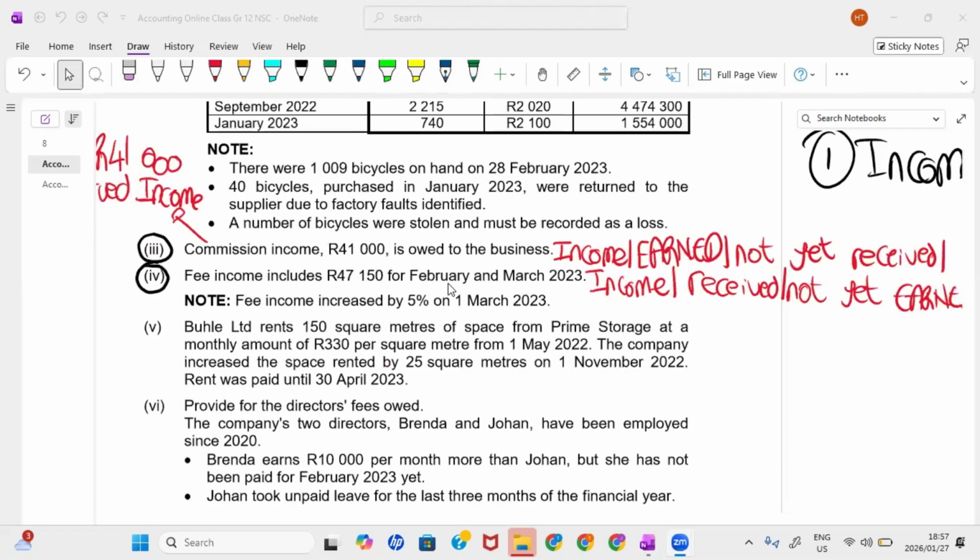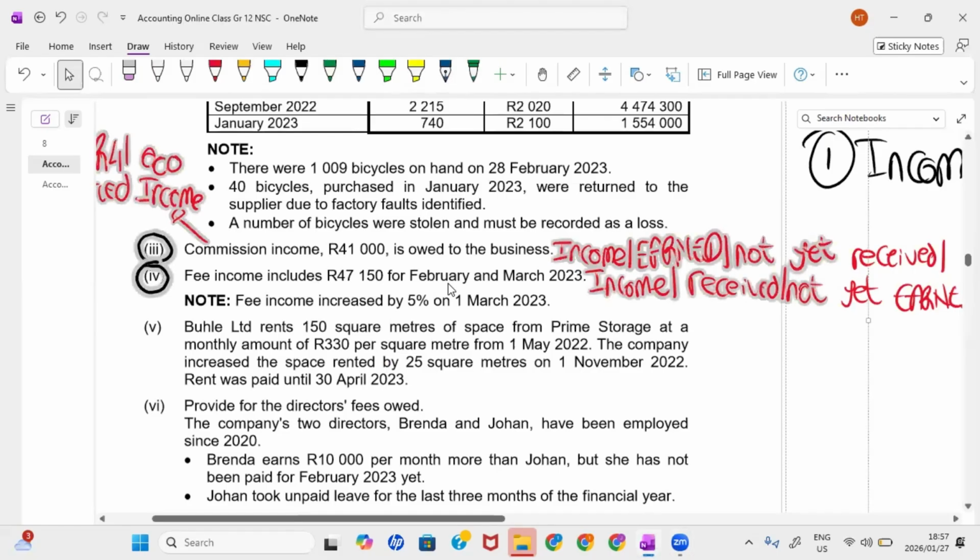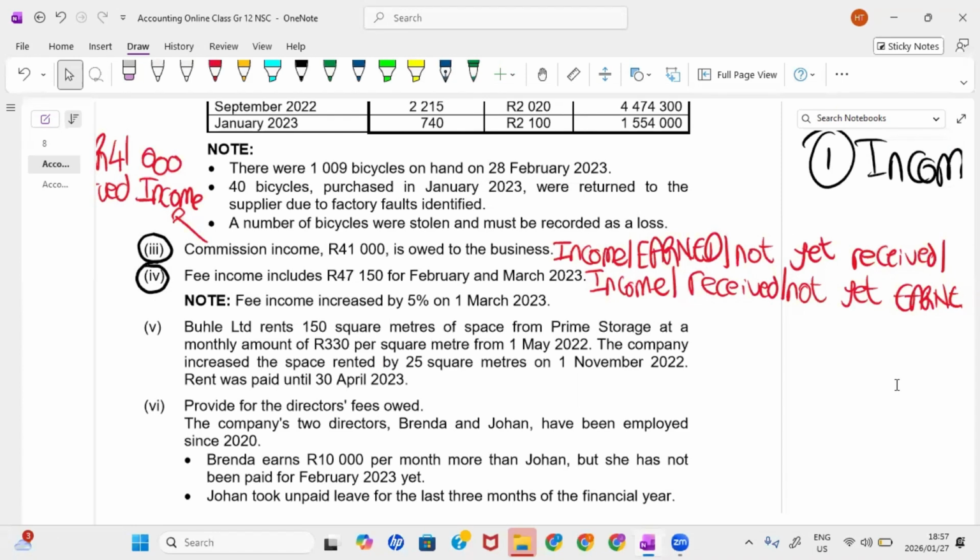You read an adjustment, you analyze it, and you tell me, are they testing for accrued income, accrued expense, prepaid expense, or deferred income? Né? You're going to do that and write that down. What do we classify it as?